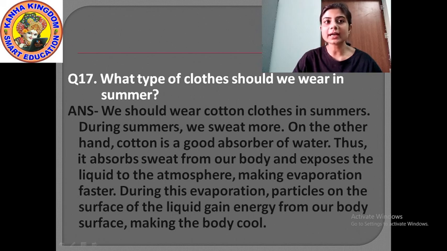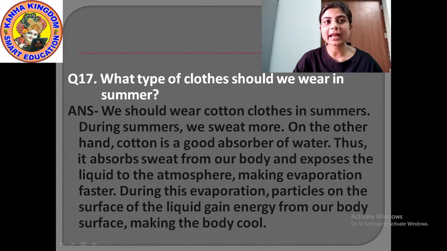On the other hand, cotton is a good absorber of water. Thus, it absorbs sweat from our body and exposes the liquid to the atmosphere, making evaporation faster. During this evaporation, particles on the surface of the liquid gain energy from our body surface, making the body cool.